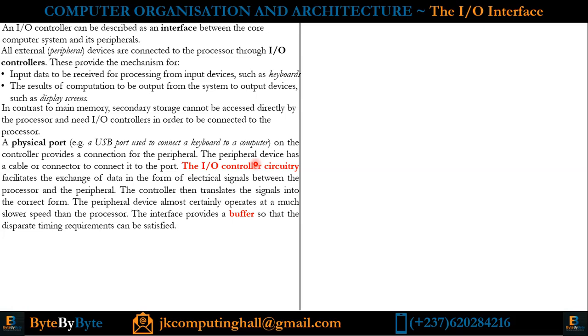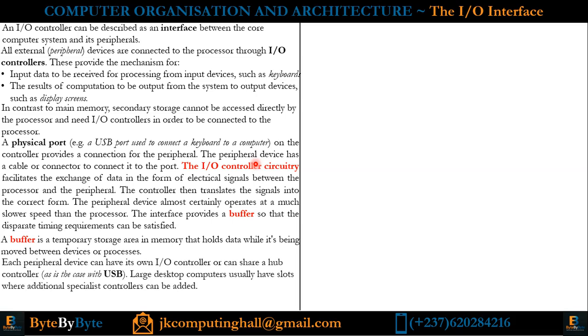So in order for us to cope with this speed, the interface provides a buffer so that the difference in time requirement can be satisfied. A buffer is a temporary storage area in memory that holds data while it's being moved between devices and processes. So that's the use of a buffer.